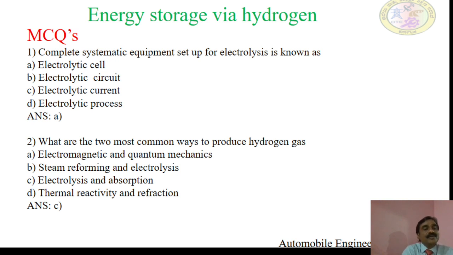What are the two most common methods to produce hydrogen gas? The option C, electrolysis and absorption.